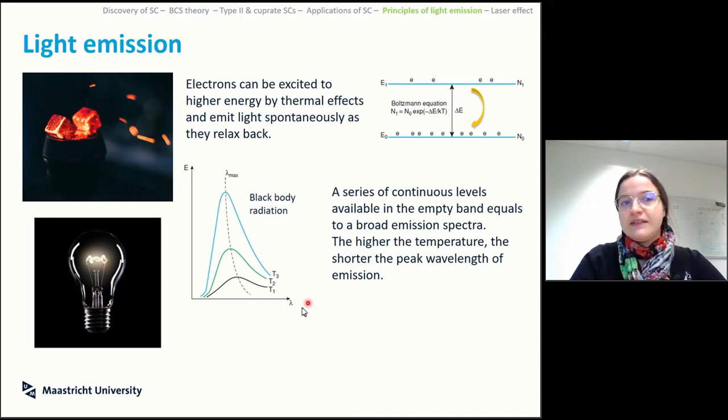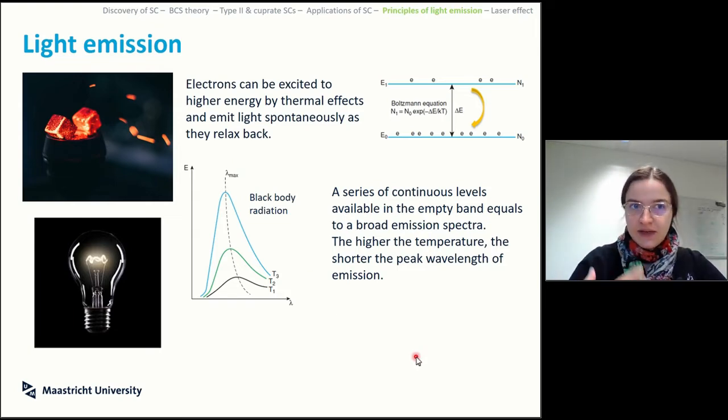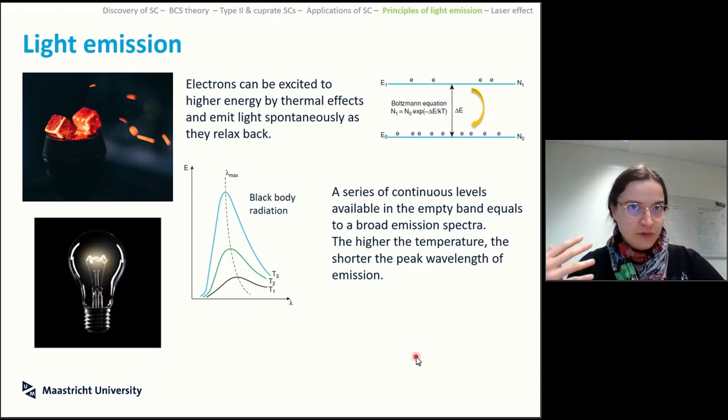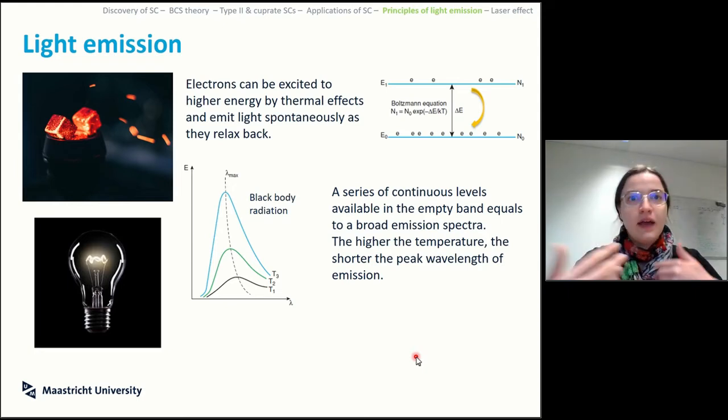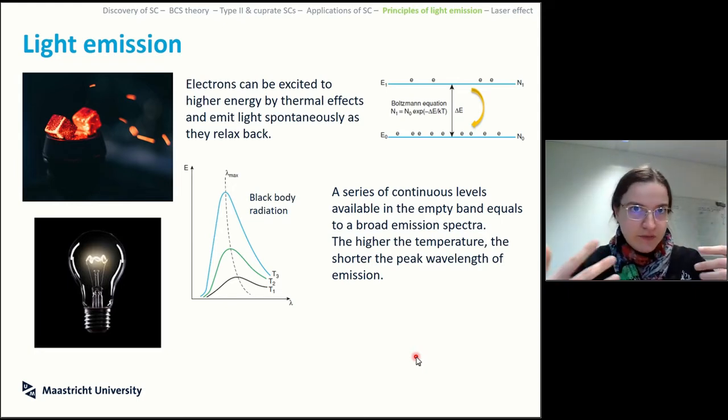And the black body radiation will have a peak wavelength that shifts as the temperature gets higher and higher. That's the reason why when you look at stars, you have the blue stars and stars that are yellow-orange like our sun, and these two things have two completely different temperatures at the surface.